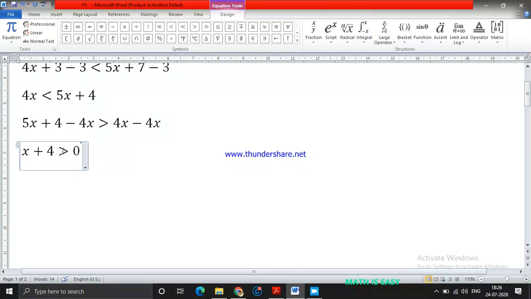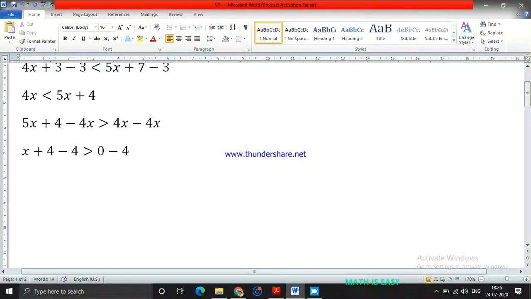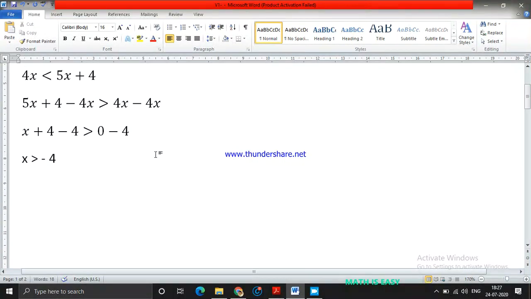Next step, add minus 4 on both the sides. So your final answer is going to be x is greater than minus 4.